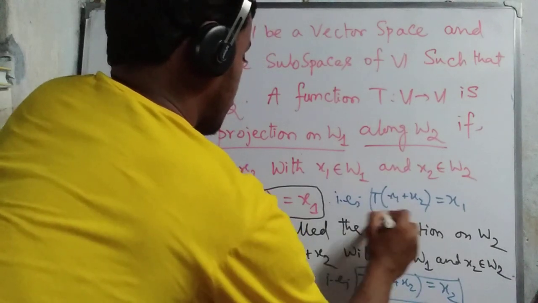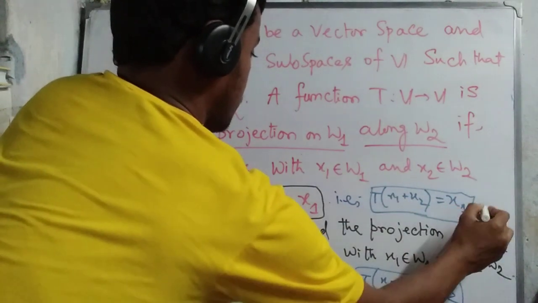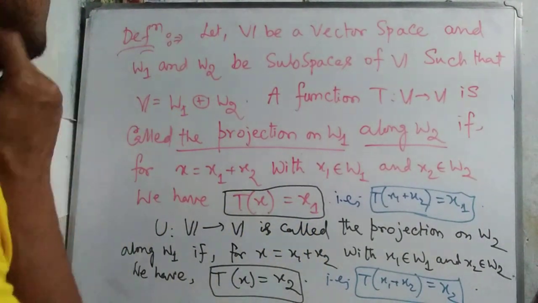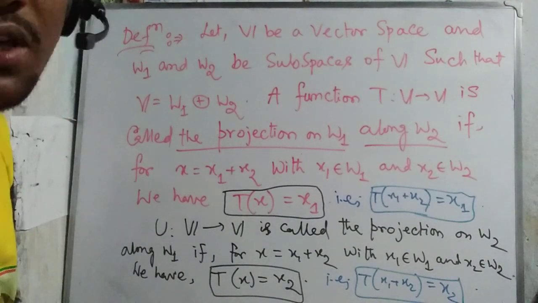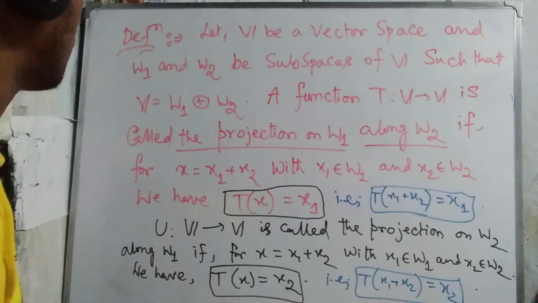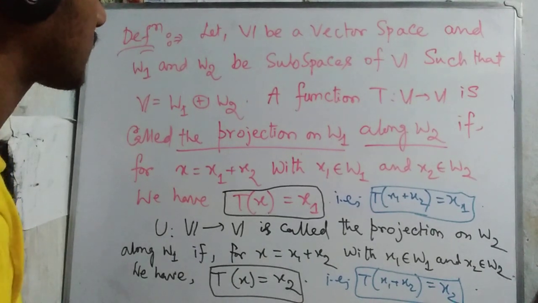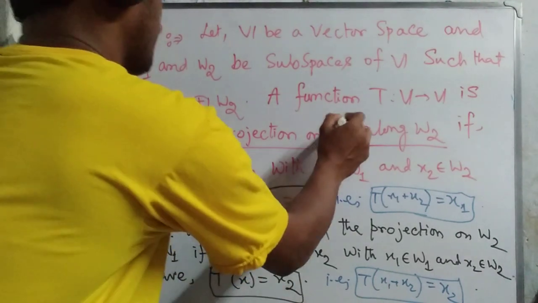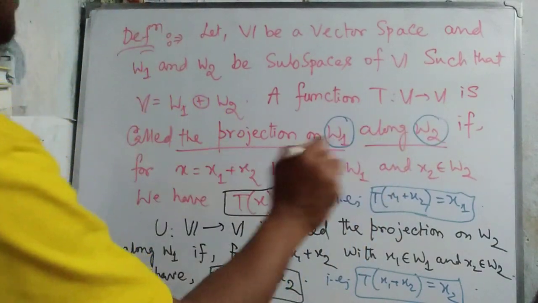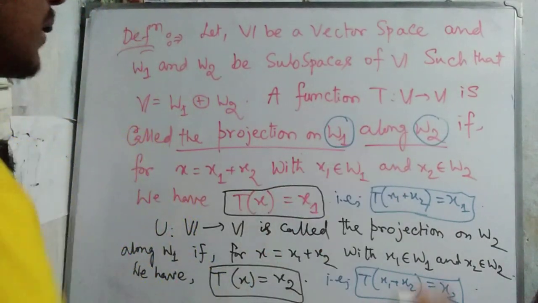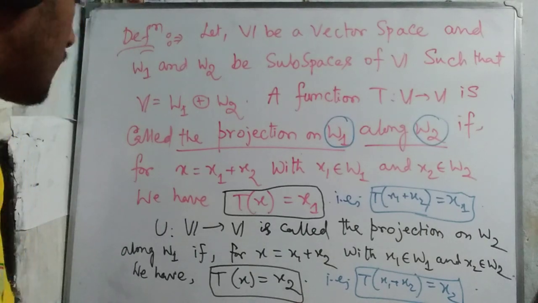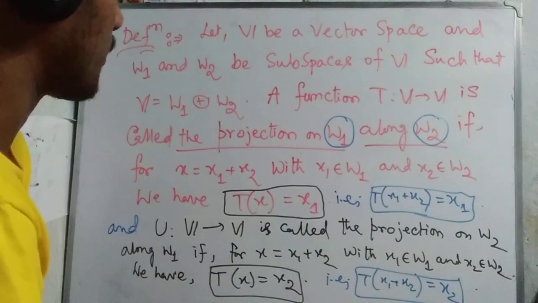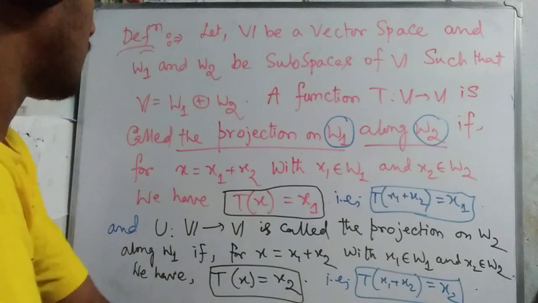Let V be a vector space and W1, W2 be subspaces of V such that V equals W1 direct sum W2. A function T: V to V is called the projection on W1 along W2 if Tx equal to x1, that is T of x1 plus x2 equal to x1. And U: V to V is called the projection on W2 along W1.